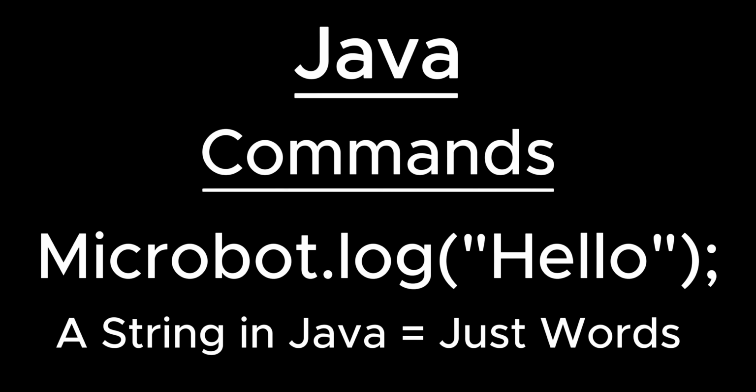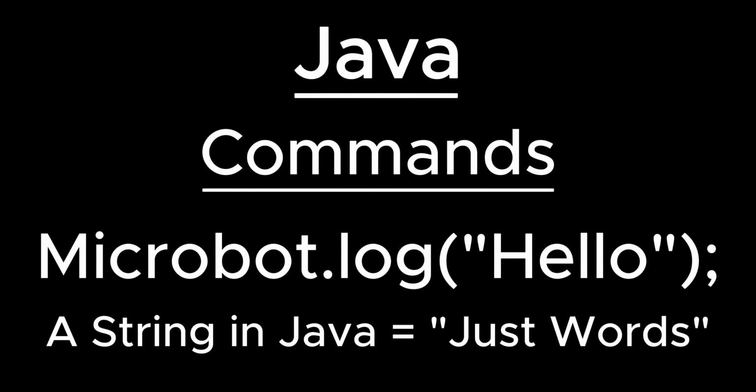They don't have any strength behind them for the most part. If you want to just put words in Java, you put them in quotation marks. Otherwise, every single word you're writing has a potency because it has a previous declaration in a class or in the overlying script. And so we feed in here hello, the string with the quotation marks, because that's how you signify just normal words.